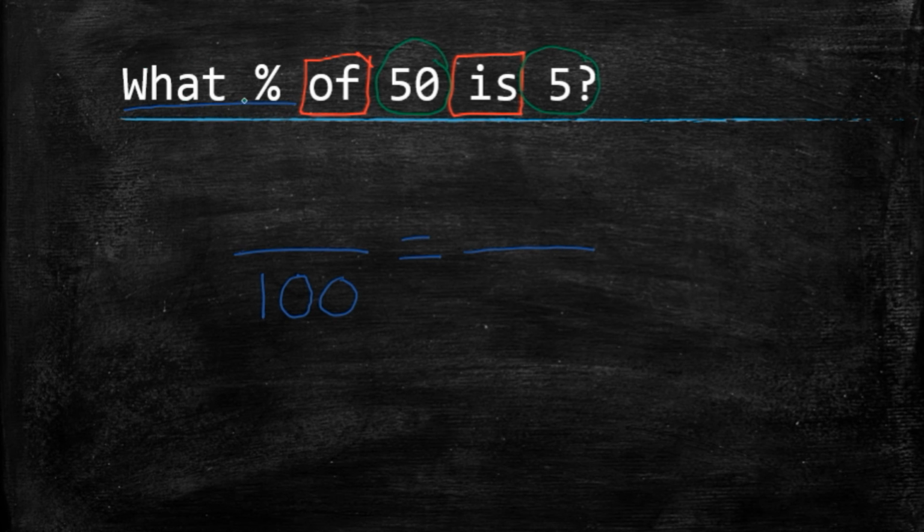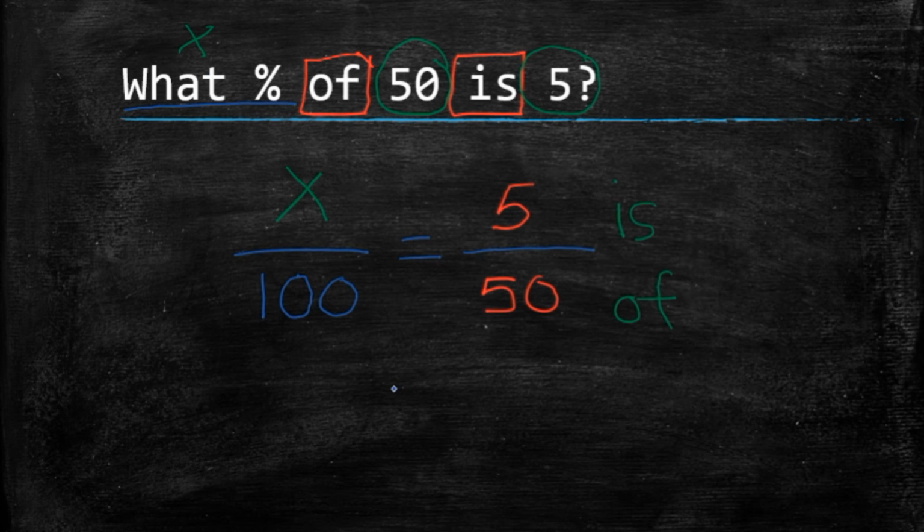So now we have what percent? Well, we don't know what the percent is, so that is going to be our variable. And we know here that we have "is" and "of." So there we've got "of" 50 and "is" 5.